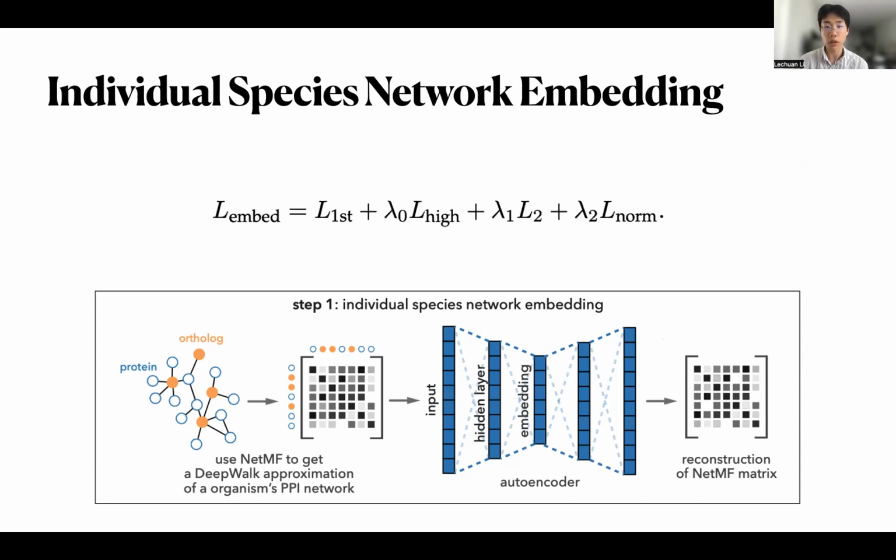And for those 2 parts of loss, together with 2 regularization terms, the L2 regularization and the L-infinity norm, which is to avoid the embedding having exploding norm. Together, all those 4 parts are our loss for the embedding process.